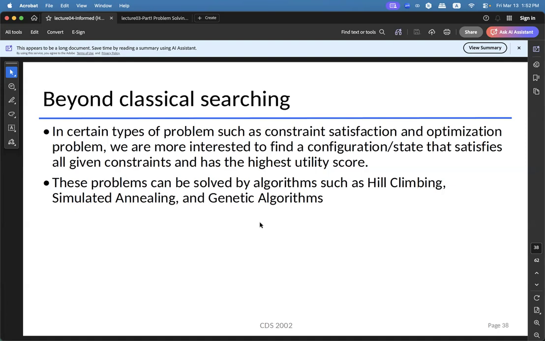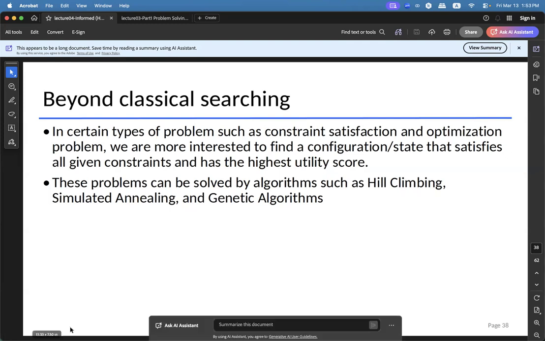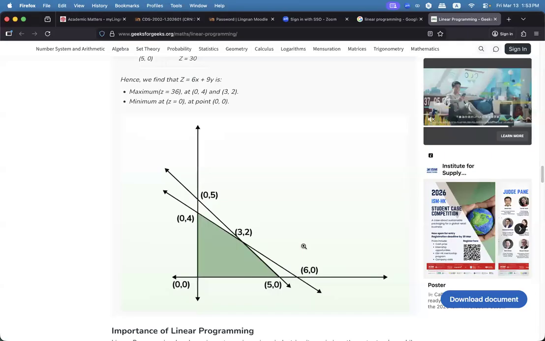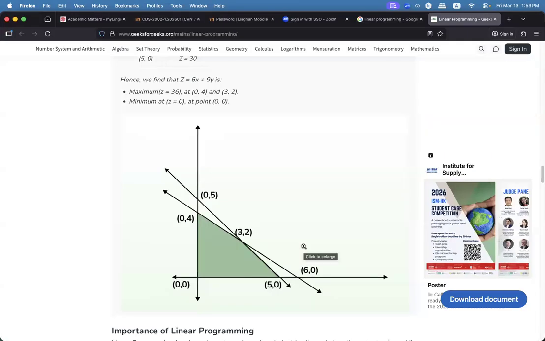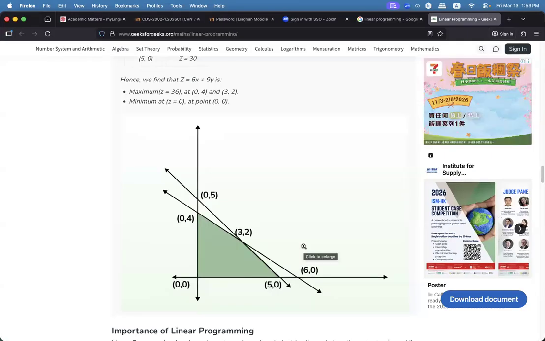This is what we are trying to do in the following discussion. We are switching from the goal-based search agent to the utility-based search agent. You are trying to create some programs that can solve problems like linear programming, doing optimization.